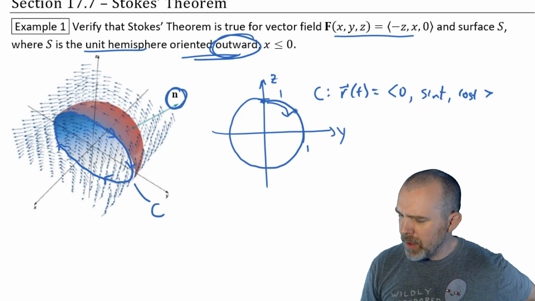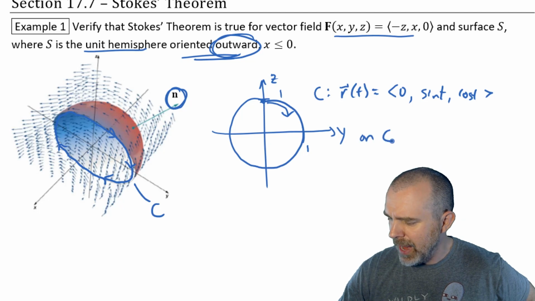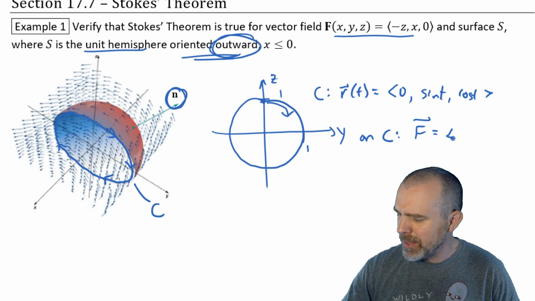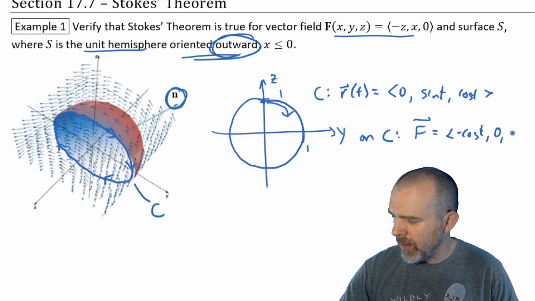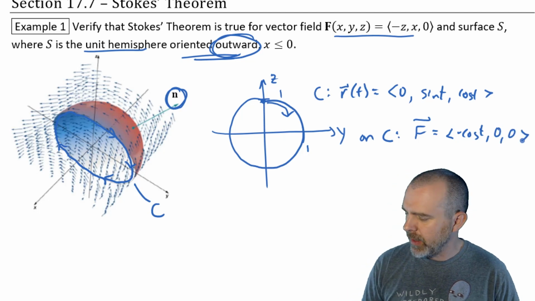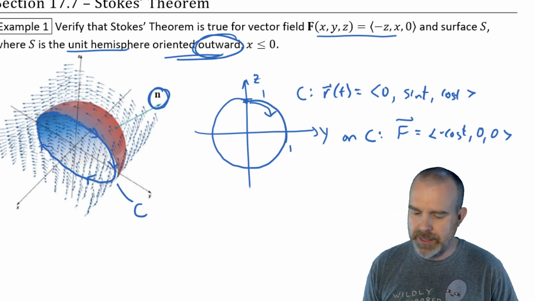Okay, let's see. We want to do the line integral. So let's look at, on that particular curve, what does our field look like? Well, it's the opposite of z, so it's negative cosine t, and then it's x, that's 0, and then 0. Well, that's convenient. Nice simple field on the curve at least.